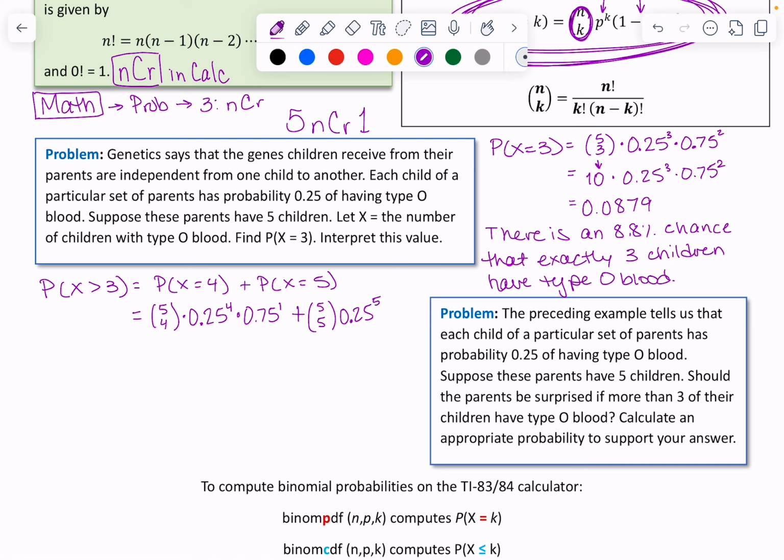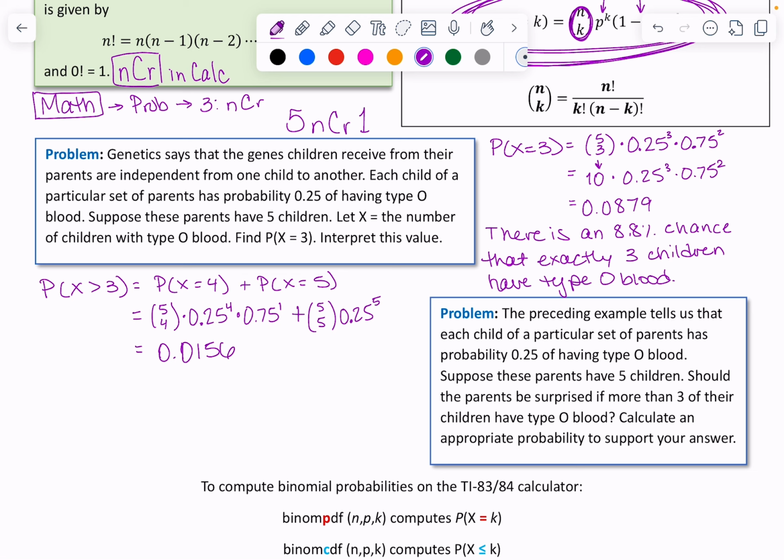All right, so I would just type it exactly like that, plug it straight into my calculator, and we end up with 0.0156. Should the parents be surprised that more than 3 kids have type O blood?